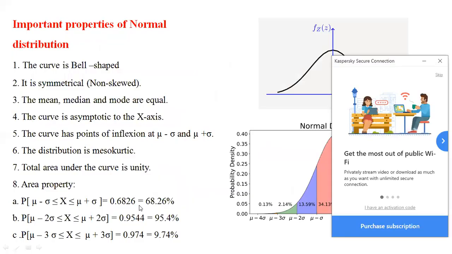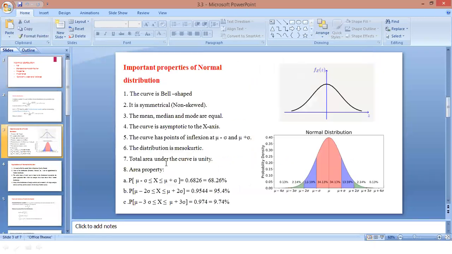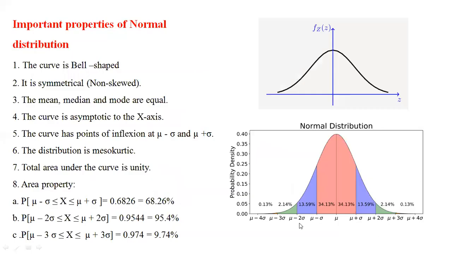So, important properties of the normal distribution. The curve shape will be a bell shaped curve, so you can see here. In this bell shaped curve, if you observe, the mean is here, and the median is the point which divides the total area.